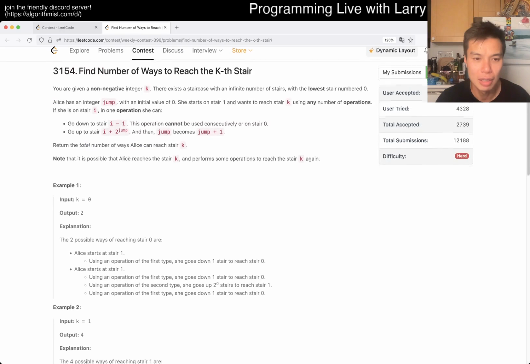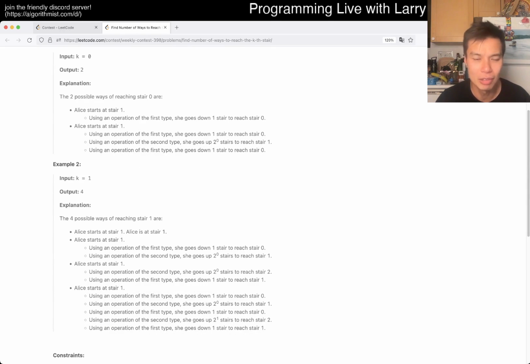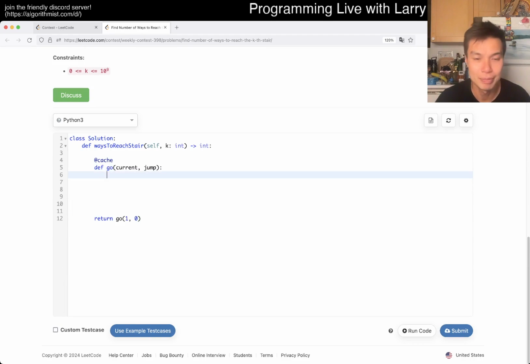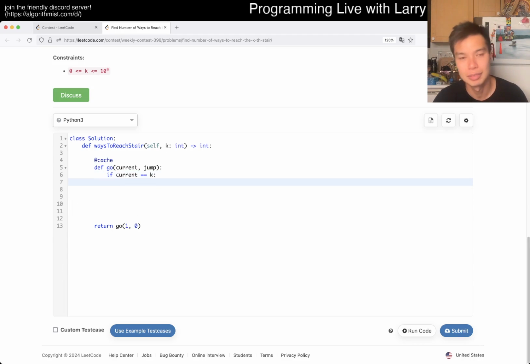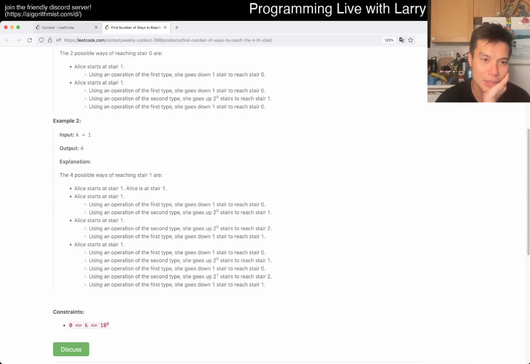And now I think these are all the weird cases. Let's see. All right, if current is equal to k, then that's not even enough to return, right? What is the thing?